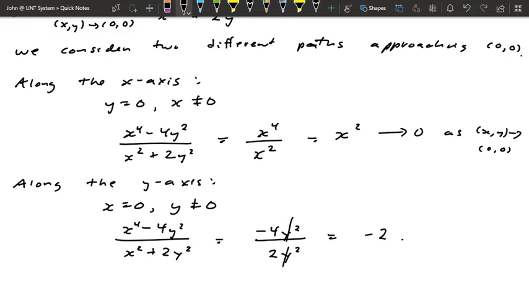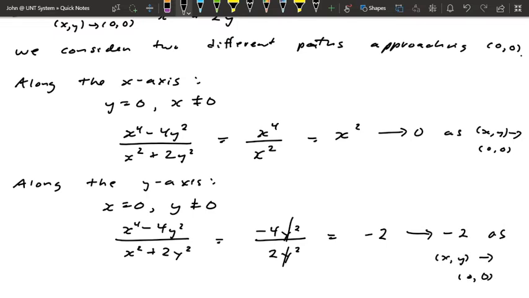Okay, so in other words, for all points on the y-axis other than the origin, this function is equal to minus 2. It's constant. So therefore, this function would have to approach that constant value, obviously, because it never changes.